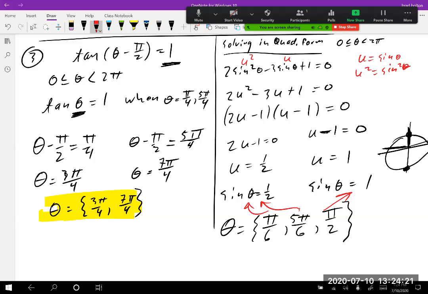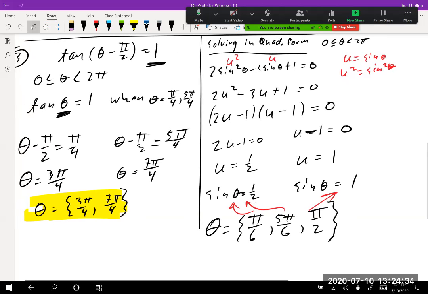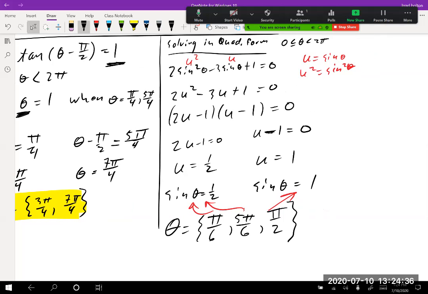Okay? So again, it's not like you ever really forget the quadratic. Whenever you get something that might work in quadratic form, you give it a shot with this technique. And again, all I'm doing with my unit circle, you guys, is drawing my unit circle and then finding the angles that give me those values.